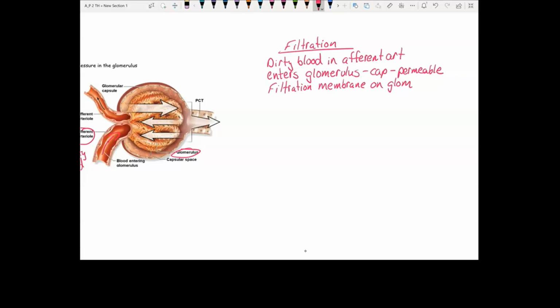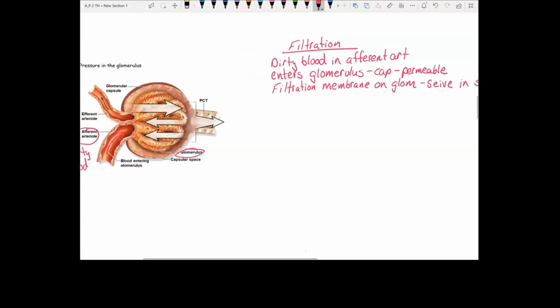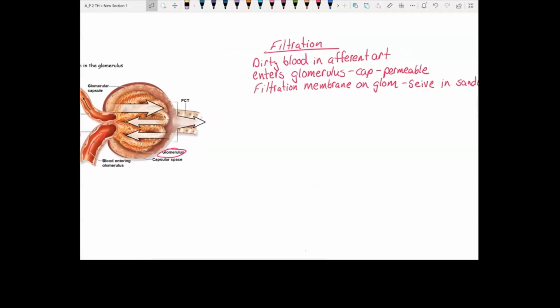Remember when you were a little kid and you played in the sandbox and you had a sieve and you could have sand and rocks mixed together and you pour them through the sieve and the sand is small and it falls through and the rocks are big and they stay in the sieve? That's what your filtration membrane is like. It's like a sieve in your sandbox. So as the blood flows through, the small molecules are pushed out.